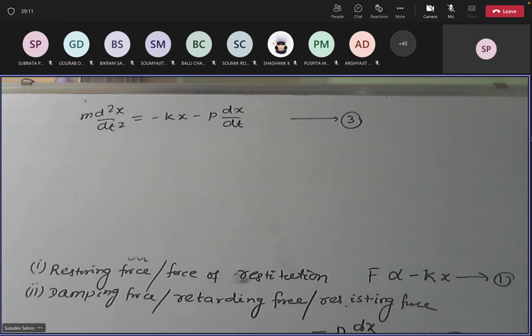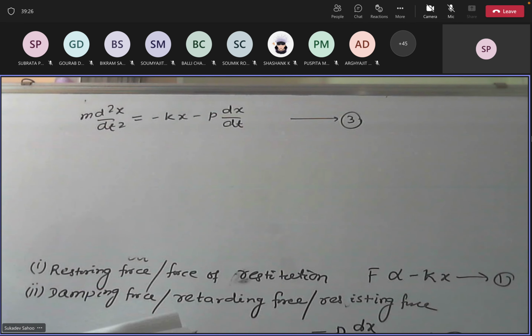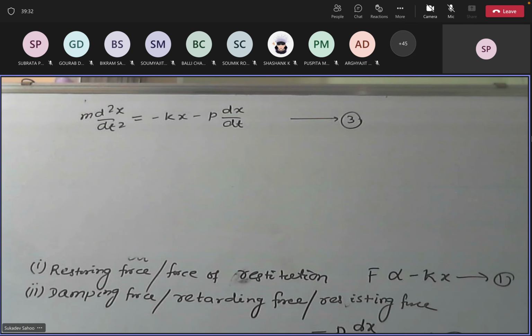Now you will see that in equation number 3, the negative sign in the first term, that is the first term of the right hand side, indicates that the direction of the restoring force is opposite to that of displacement. The negative sign in the second term indicates that the direction of the damping force is opposite to that of the velocity.